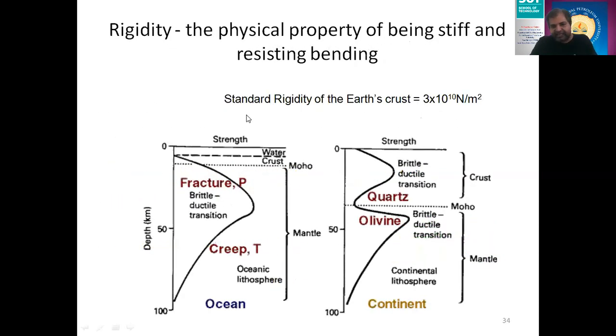Now, this graph is given against the depth and the strength of the rock under various levels, like in an oceanic crust, how these values are distributed along the depth. The strength increases up to a certain level, and then it decreases as you go deeper, because you are approaching the mantle, and you will find more and more elastic behavior.